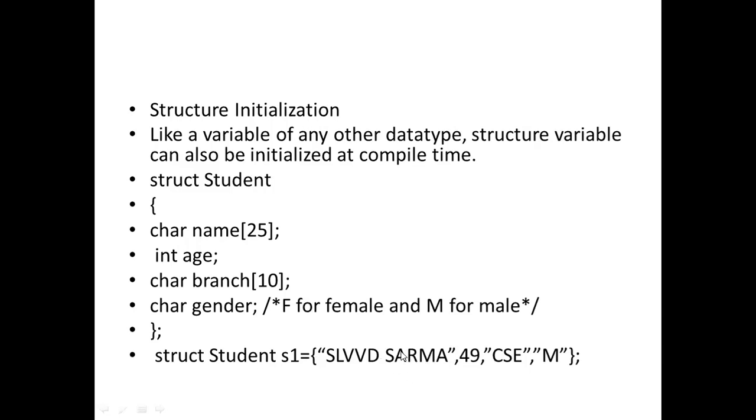It is a string constant, so we put it in double quotes, comma. The members are separated by the comma operator, and the age as 49, an integer value, and CSC, it is a branch, a character array, so we specify it within double quotes.